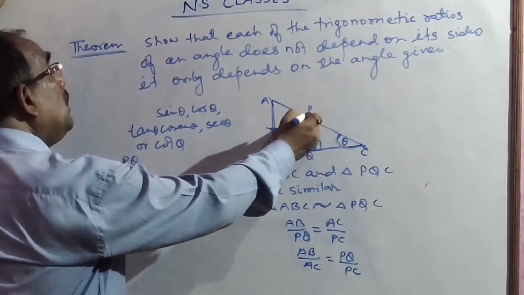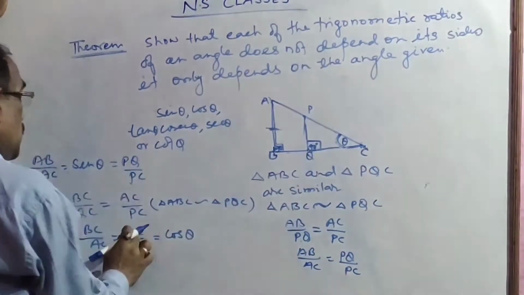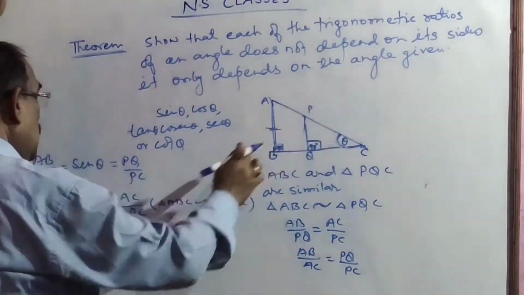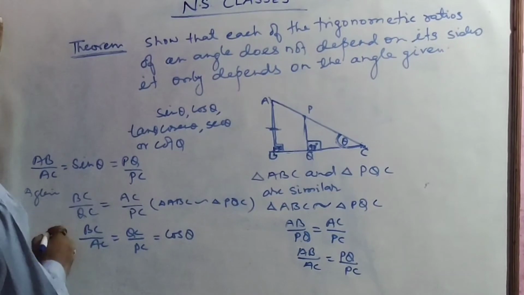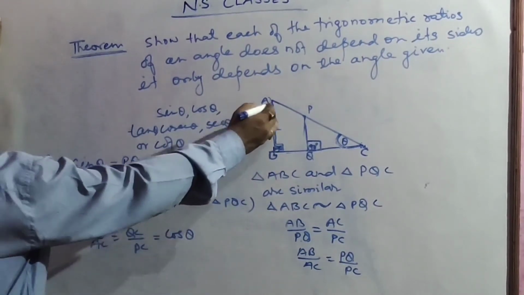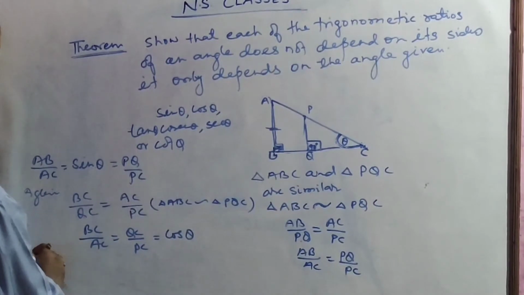Even in this smaller triangle, QC by PC is base by hypotenuse, which is also cos theta.